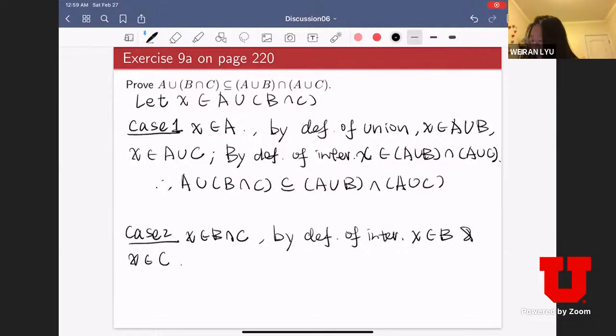So then we can see that X must belong to any set that is unioned with B or with C. In this case, X belongs to A union B, and X also belongs to A union C. And that's by the definition of union.